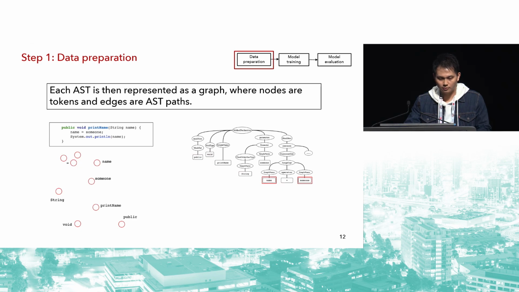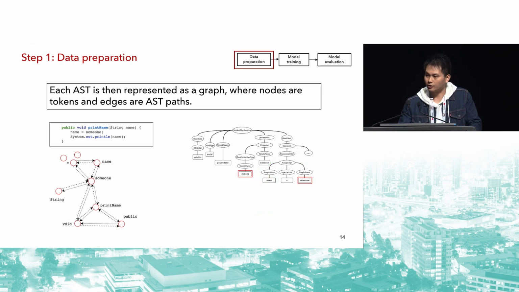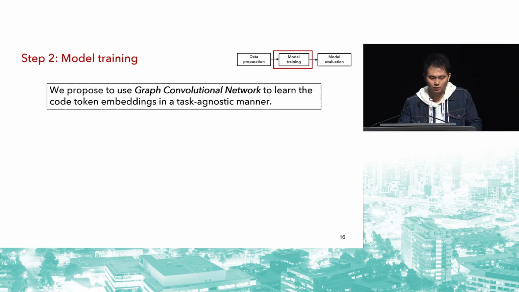Specifically, for any two tokens, we traverse the tree to get the path between any two nodes of the AST. We also record the paths in the other direction to keep more information of the source code. By iterating over the terminal nodes, we can build a graph of the source code.